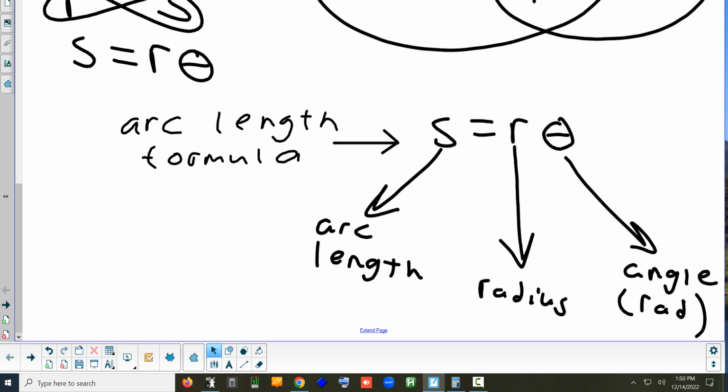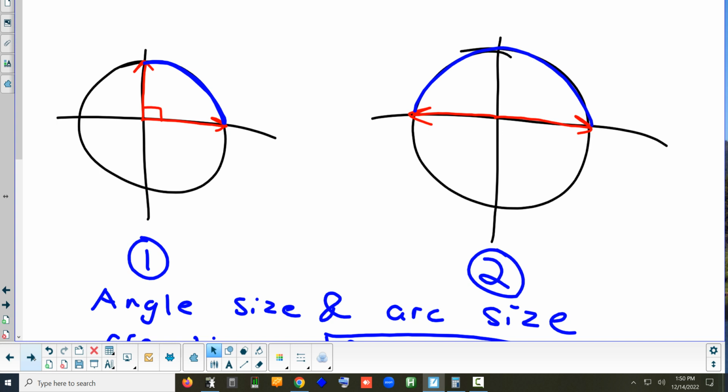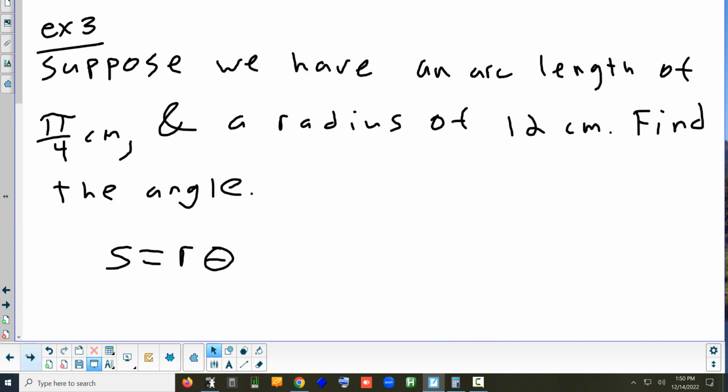Basically the way it works, you've got 3 variables in the formula, and they'll always tell you 2 out of the 3. You fill in the 2 that you know, and you solve for the 1 that you don't. So let's try a couple examples. There's 2 ways I could give you a problem.